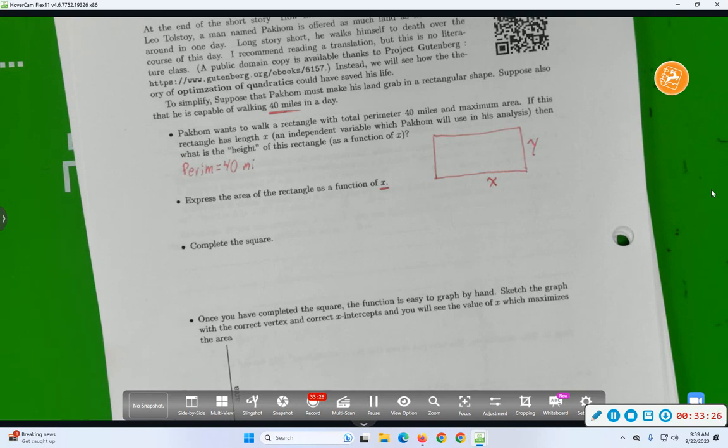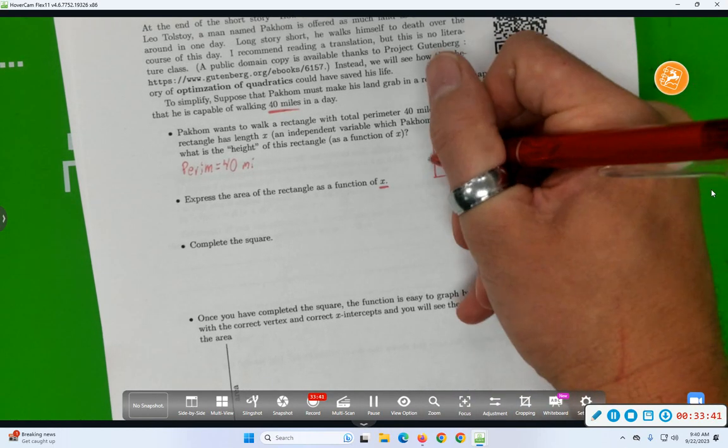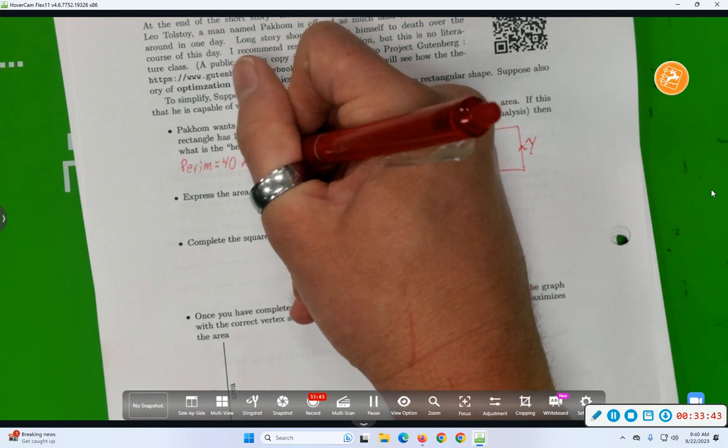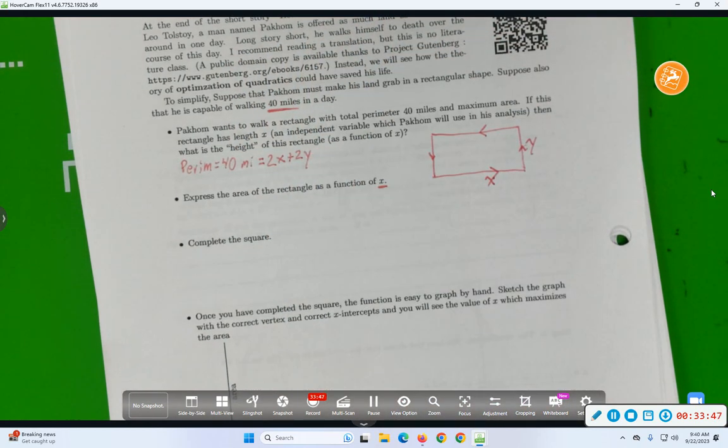So if that's an x by y rectangle, then what's the perimeter in terms of x and y? Two x plus 2y. I see a side of length x, a side of length y, a side of length x, and a side of length y. So the total perimeter is 2x plus 2y.